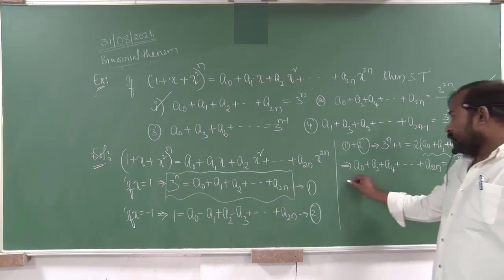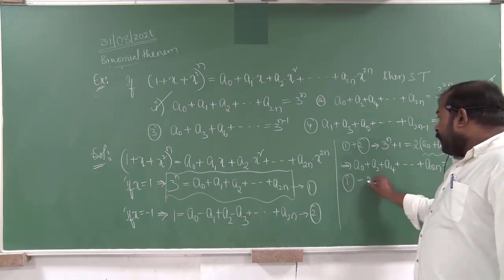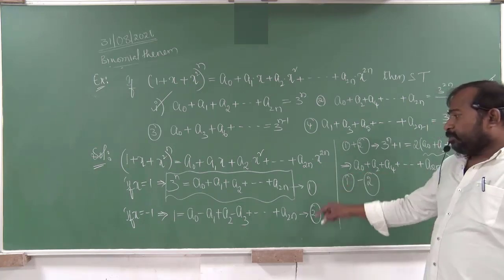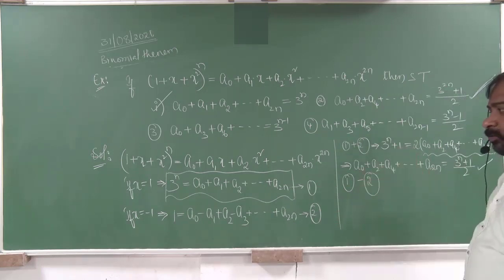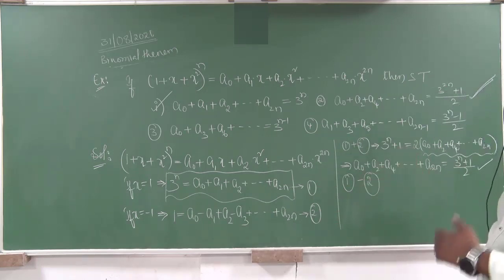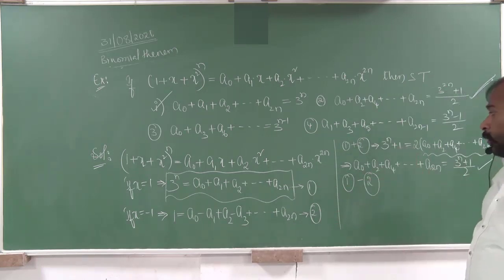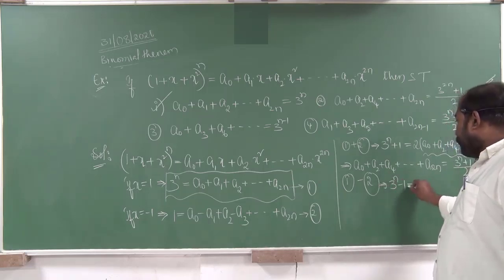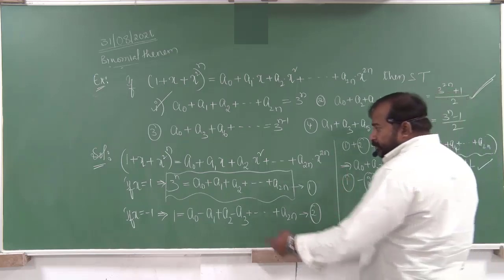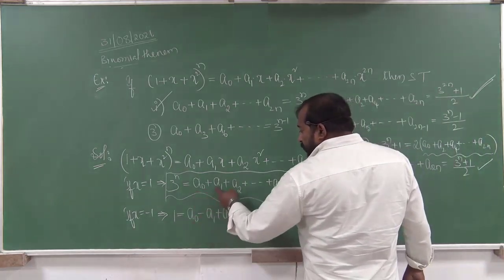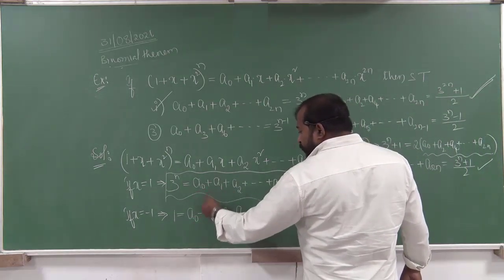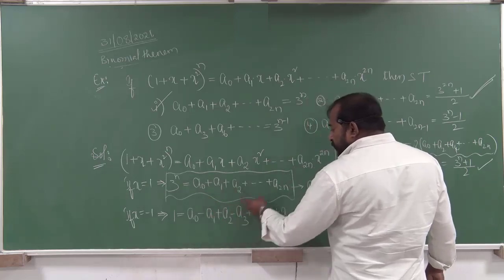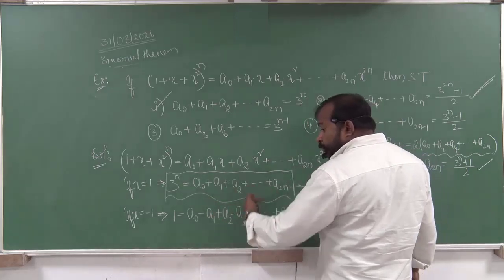Then the next concept: equation 1 minus equation 2, you can do. Subtract the second one from the first one. Then what will you get, tell me here. That implies 3 power n minus 1 is equal to, by subtracting, a0 cancels. a1 minus of minus a1 is 2a1. a2 minus a2 cancel. a3 minus of minus a3 is 2a3.